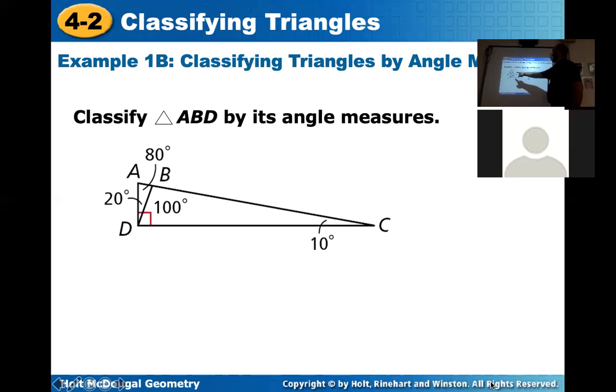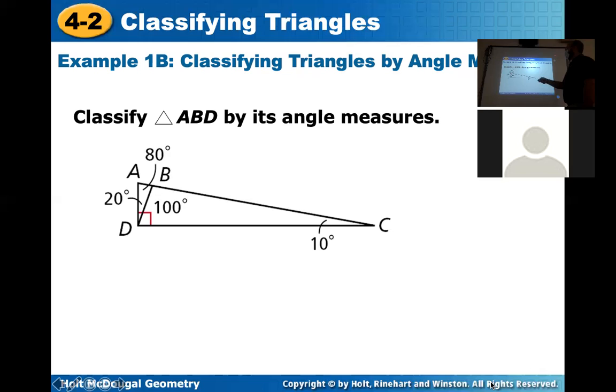So ABC, this line here is a line, right? It's linear. So that means this angle and this angle should add up to 180, right? Because it's a linear pair. So if this is 100, how big is this angle? Remember, it's 180, so it'd be 180 minus 100, which means this angle would be 80.